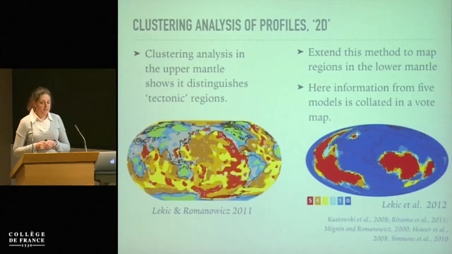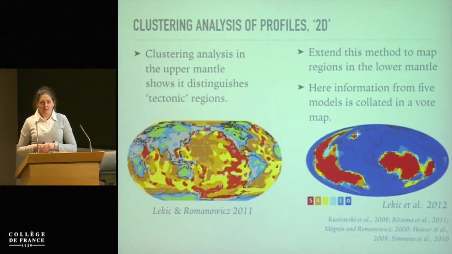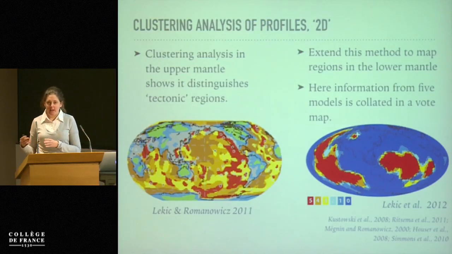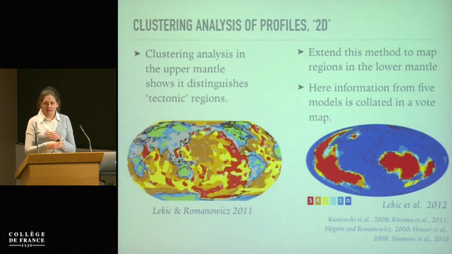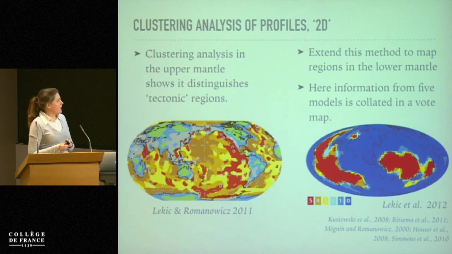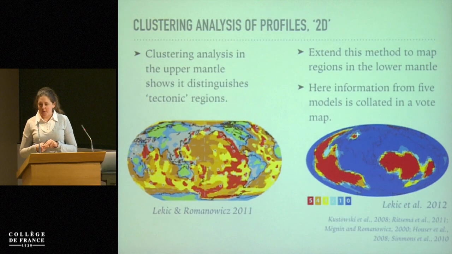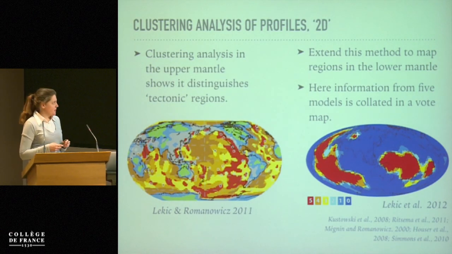So clustering analysis is a relatively objective technique to group a data set, because you're asking the analysis to make families of your data, where within each family, the differences are minimized. On the left here, Ved and Barbara applied clustering analysis to upper mantle shear wave velocity profiles.